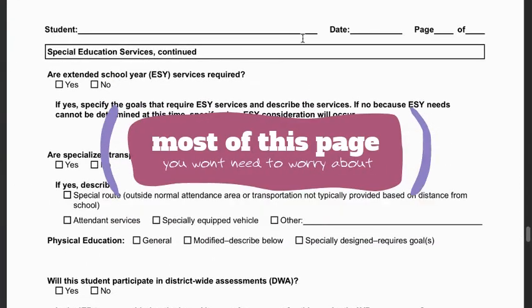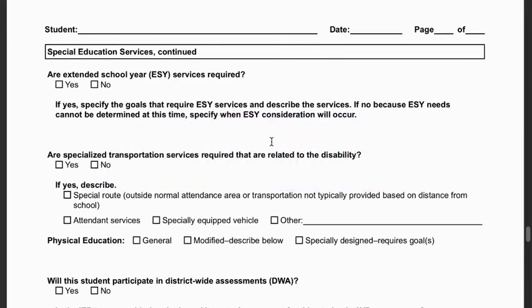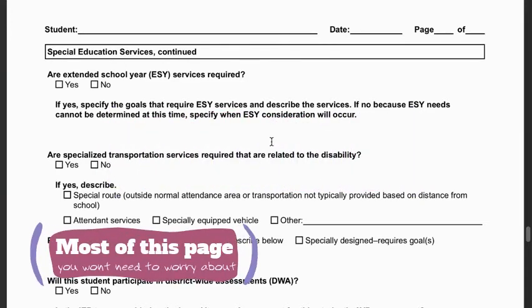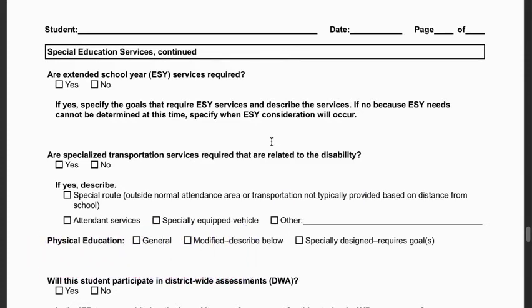This page, I'll sort of walk through it fast, but as you're running the IEP, you won't really have to worry much about this page. It's just asking, does the student qualify for ESY or extended school year?